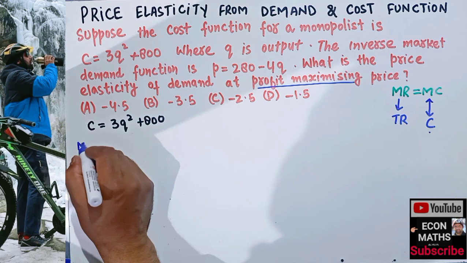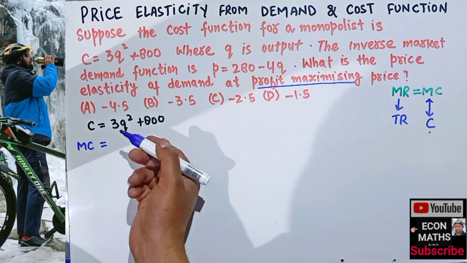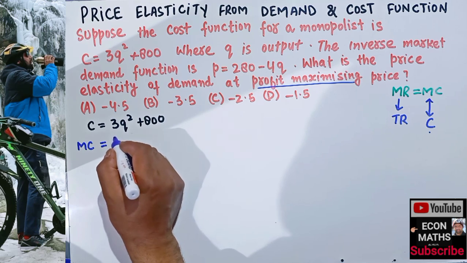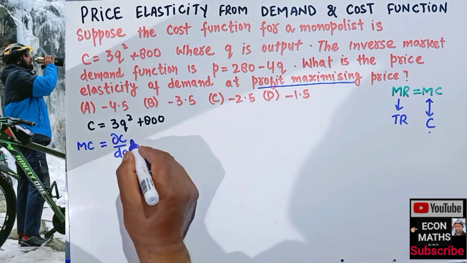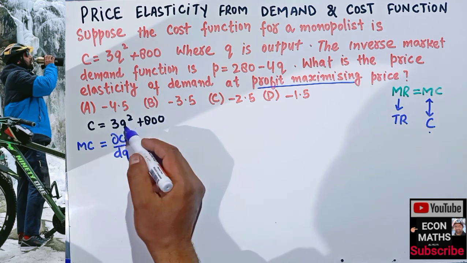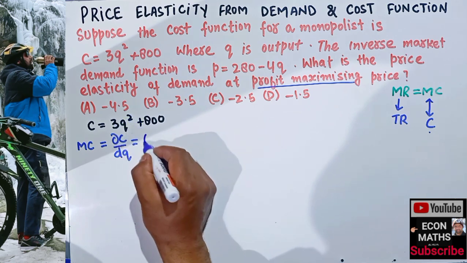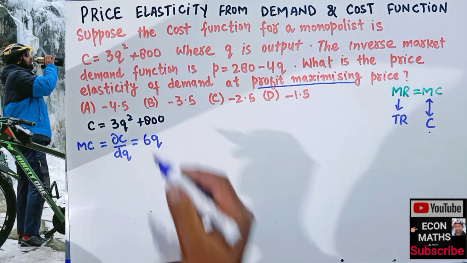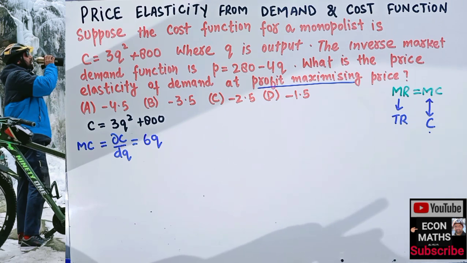Marginal cost is simply the derivative of the cost function with respect to output. Taking the derivative of this function with respect to Q, the derivative of Q² is 2Q, so 2 into 3 is 6Q, and the derivative of a constant is obviously 0. So we got the marginal cost.